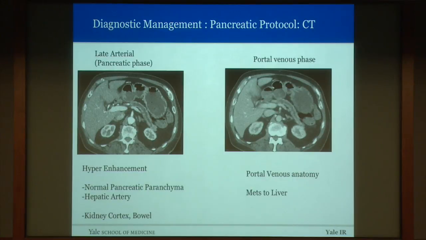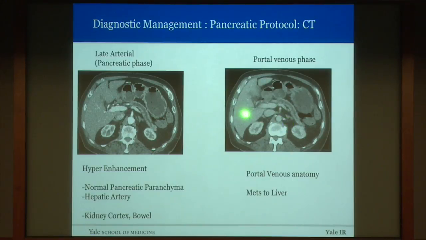Okay, and you can see here that this is a CAT scan with contrast. There's contrast in the aorta there. This is the kidneys, contrast in the aorta, the portal vein, and artery. And here is the same patient a couple seconds later. Okay, and the phases of contrast will show us, as you can see here, a severe pancreatic duct dilatation, but you can see the pancreatic parenchyma hyperenhancing.